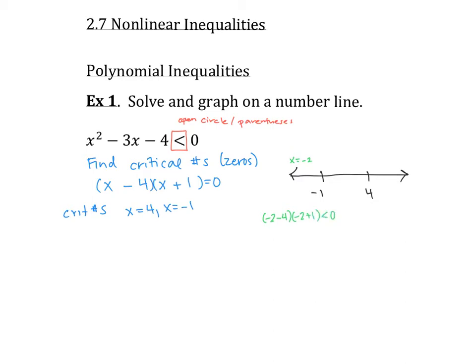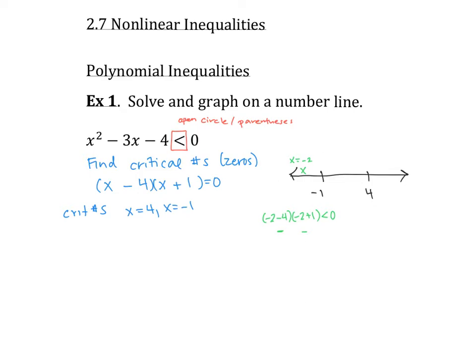The reason I like to use factored form is because I can do it without actually calculating the numbers. Negative 2 minus 4 is negative 6. Negative 2 plus 1 is negative 1. If I do a negative times a negative, is that less than 0? No. Okay, this interval is not going to be part of the solution.